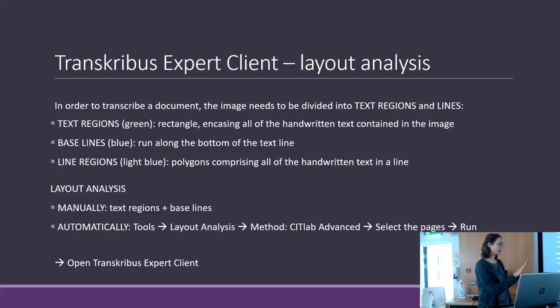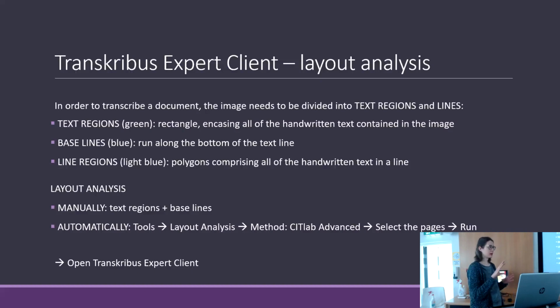If you have a double page photo of the manuscript, you will have two text regions, one for one page and one for the other page. The baselines are in blue, with dots, and are the lines that run along the bottom of the text line.